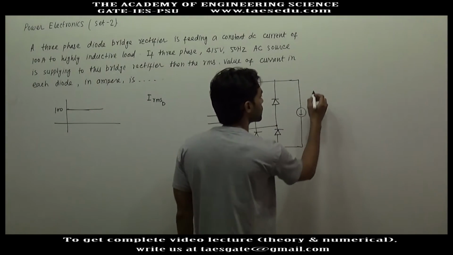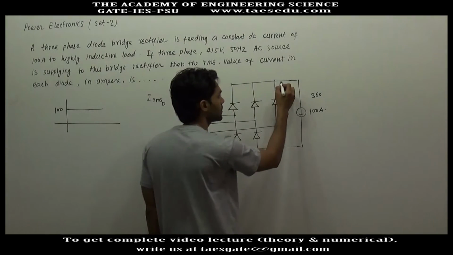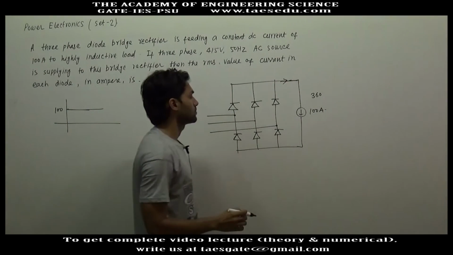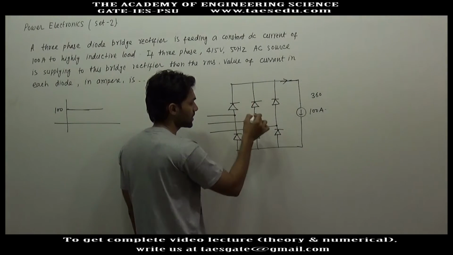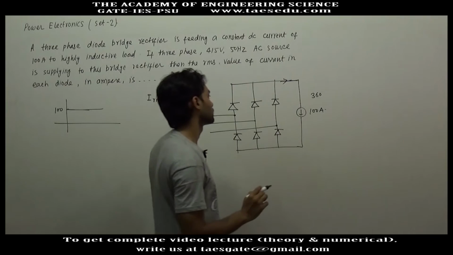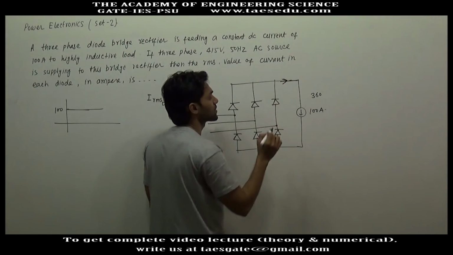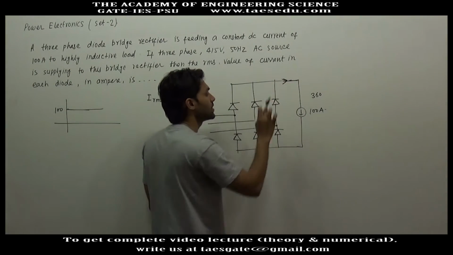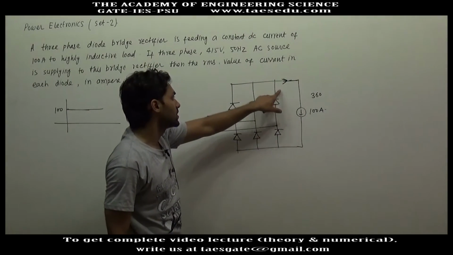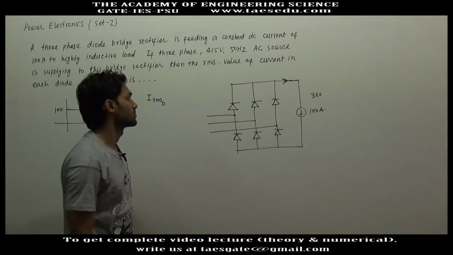So current is continuous here for 360 degree, and if current is flowing, one diode from the positive leg and one diode from the negative leg must conduct. Because if current is flowing here, current will flow in this direction, so this current must be supported by either of these three thyristors or diodes.